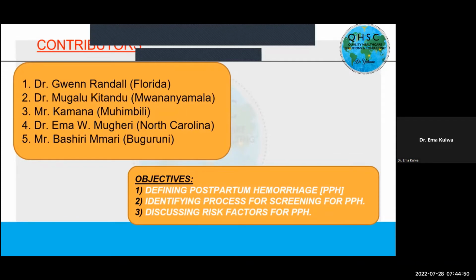And just like Dr. Gwen said, when patients come in, we do a thorough history and physical exam to identify what risk group the patient is in for postpartum hemorrhage. We have a protocol in the hospital that the nurses and the providers adhere to.